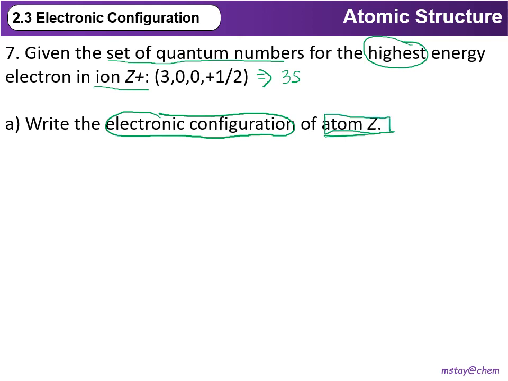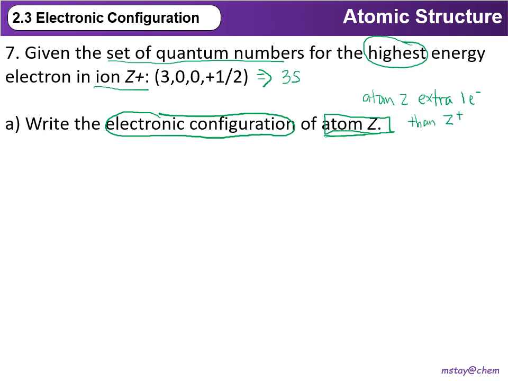In this case, we think that atom Z supposedly will have one extra electron than Z plus.